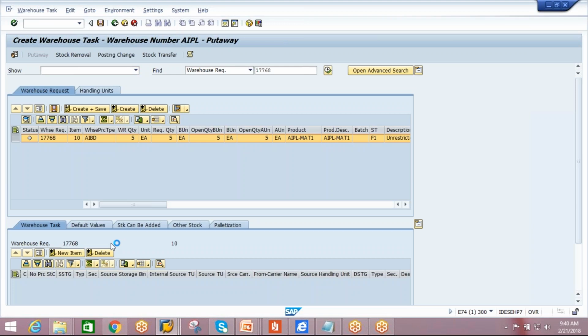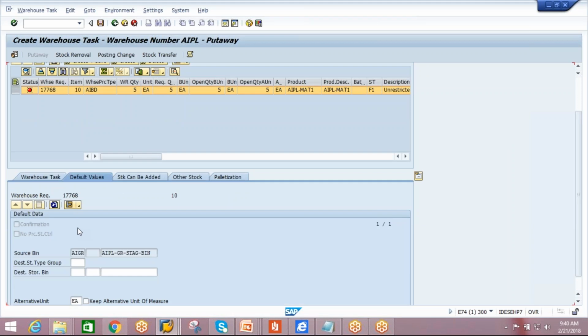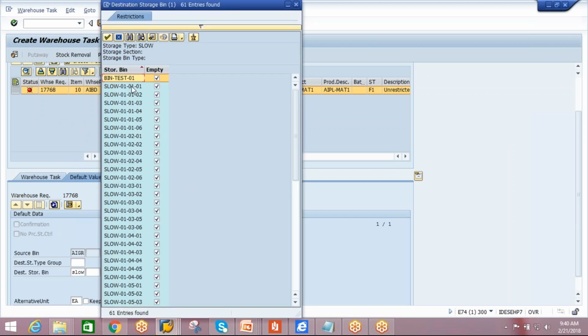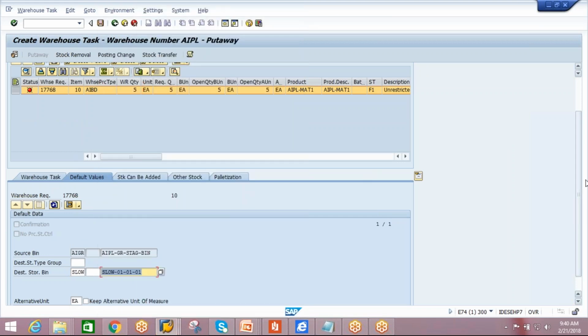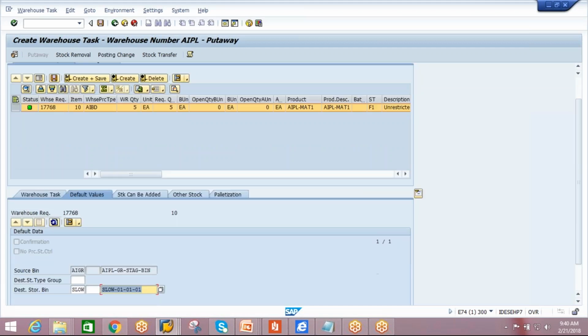Just trying to keep my product into this storage type of this bin.